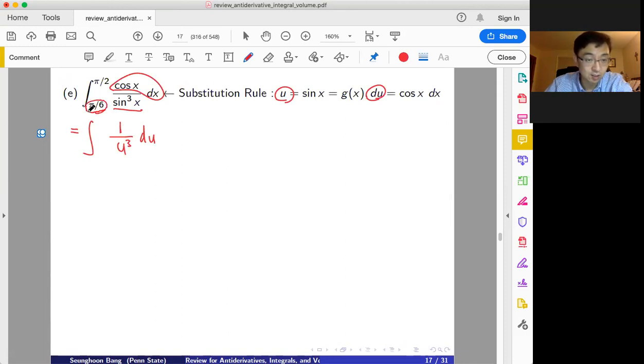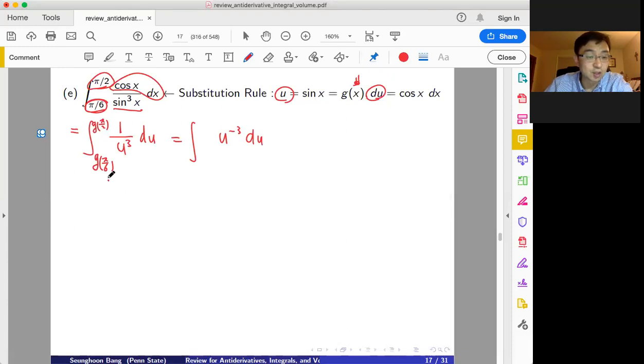You plug this value in here. We have g of pi over 6, and you plug pi over 2 into the same, g of pi over 2. So 1 over u cubed is u to the negative 3 du.